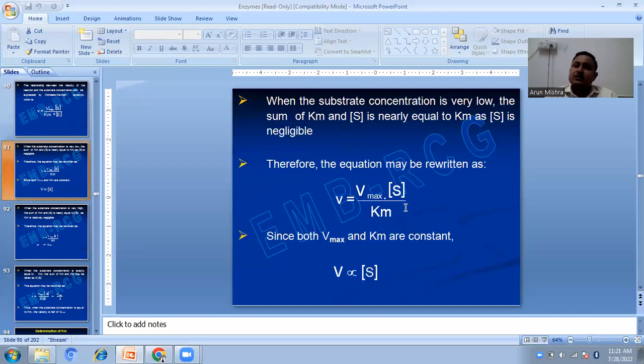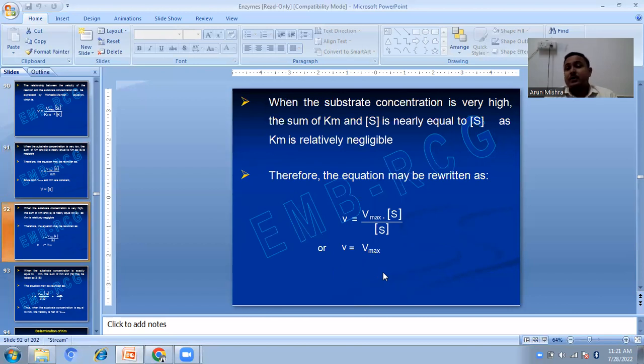When the substrate concentration is very low, the sum of Km and S is nearly equal to Km, as S is negligible. Therefore, the equation may be rewritten as V equals Vmax multiplied by S divided by Km. Since both Vmax and Km are constant, we can directly say that the velocity is directly proportional to the concentration of substrate.